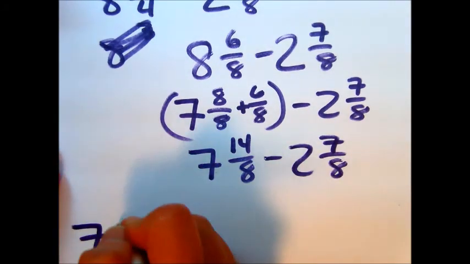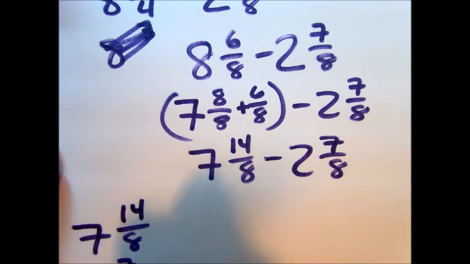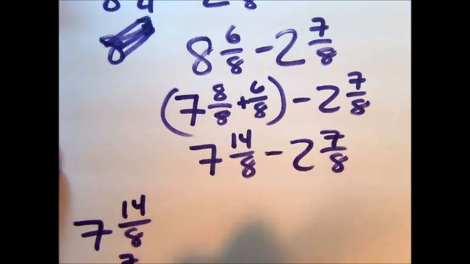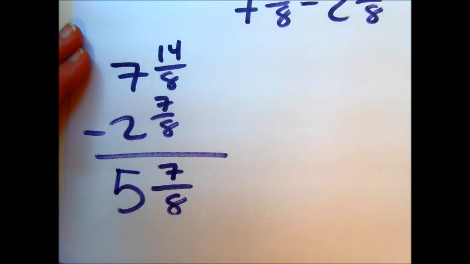I'll go ahead and do that. Okay, but basically 14 take away 7 is 7. The denominator stays the same. 7 take away 2 is 5. 5 7/8.